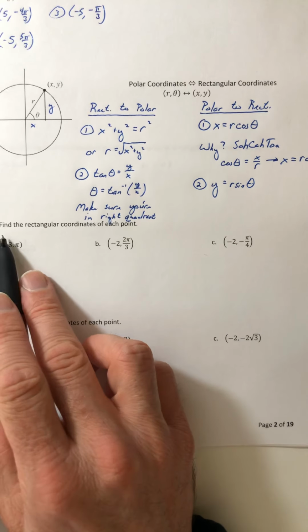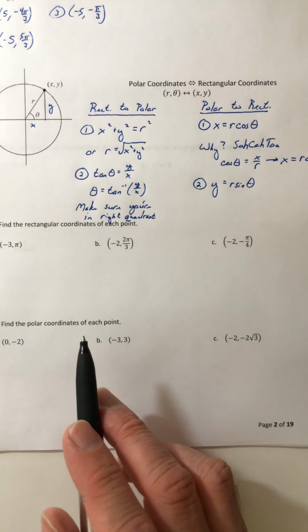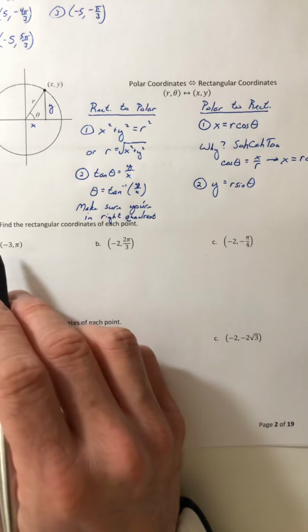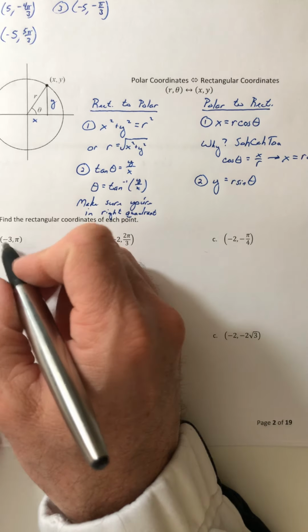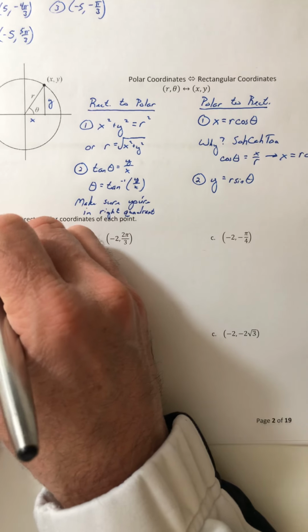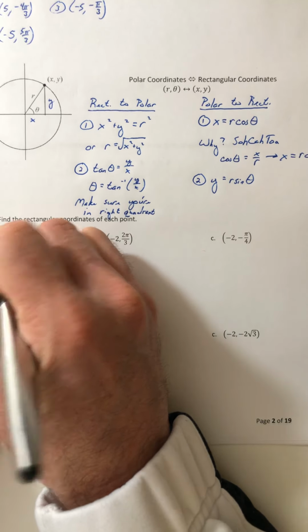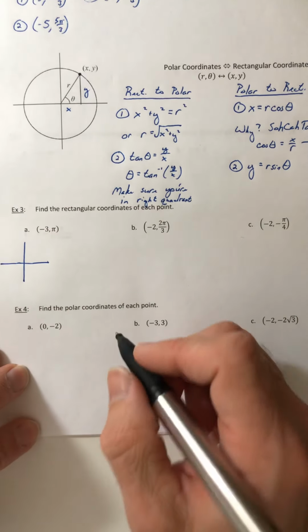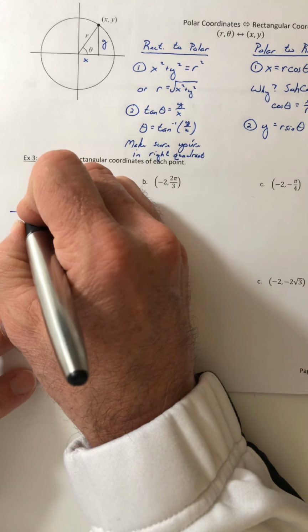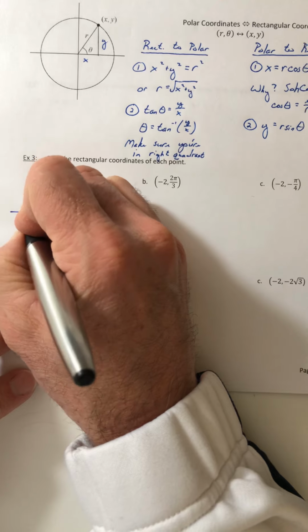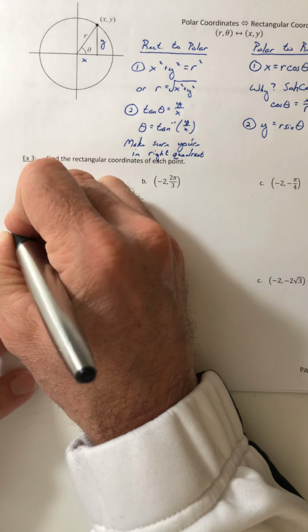So example 3, find the rectangular coordinates of each point. So let's look at the first one, because sometimes you can kind of cheat. Negative 3, pi. If you actually try to plot that, you would be on the third ring.